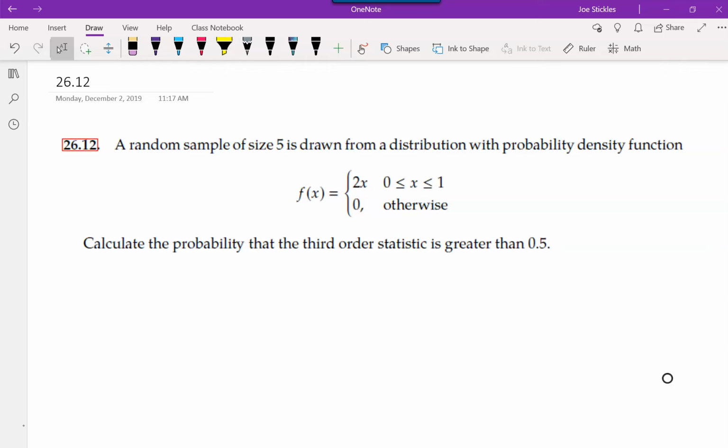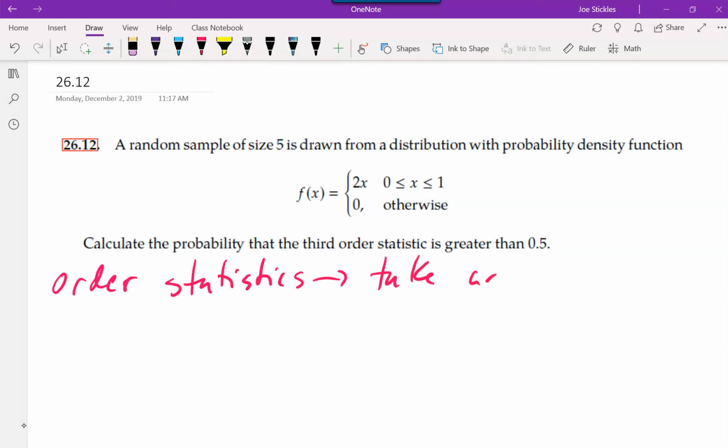We haven't talked formally about what order statistics are, but we have defined two of them. The minimum and the maximum are order statistics. The idea behind order statistics is that you take a random sample and you order them.